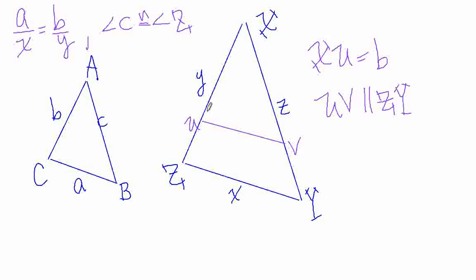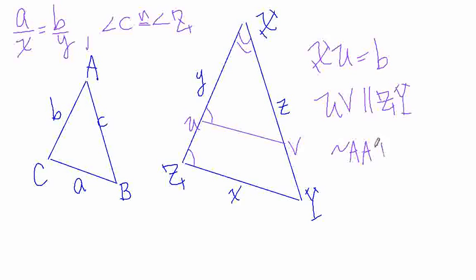We've got corresponding angles with respect to a transversal cutting two parallel line segments. And we know that both of those overlapping triangles have the angle X in common, right? So by the AA theorem, we know that those two triangles are similar.